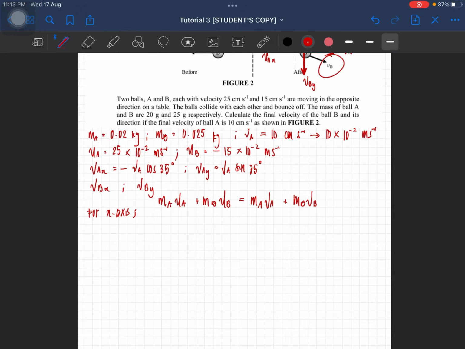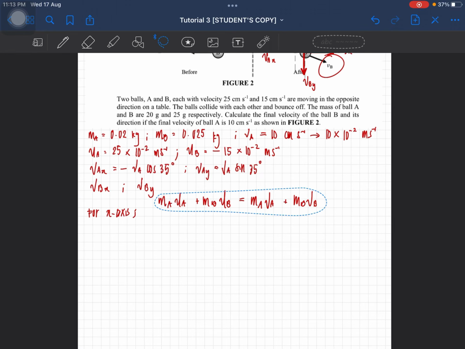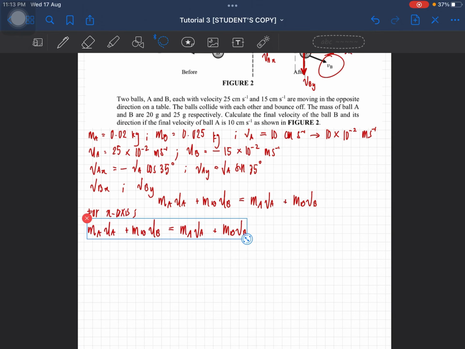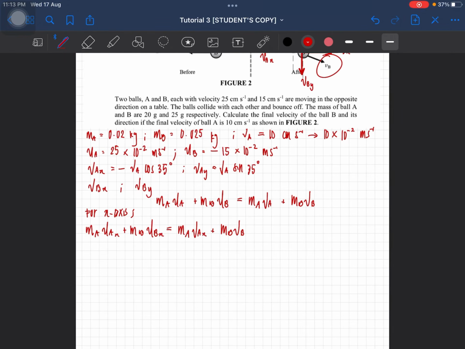MA is, I will copy first, so I can just write x somewhere at the bottom. Too lazy to write again. So this is x, mass doesn't have it, for velocity only. So MA is 0.02.